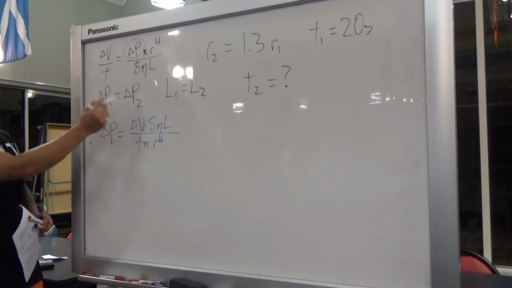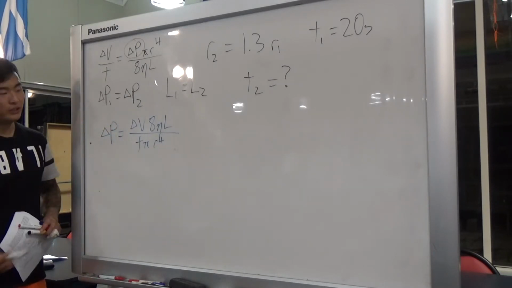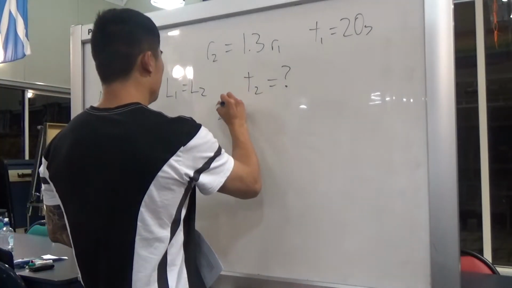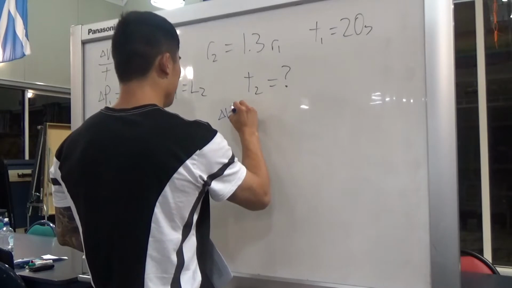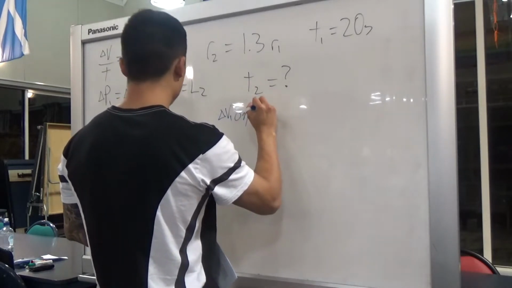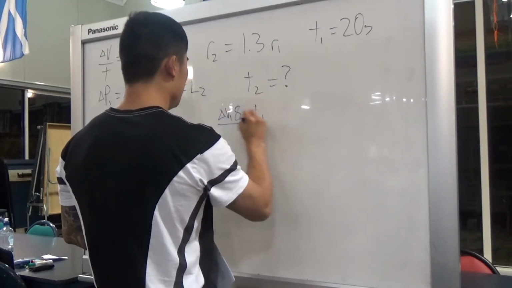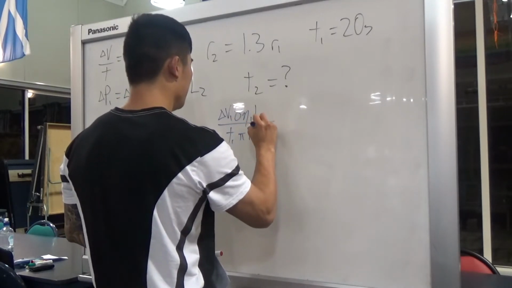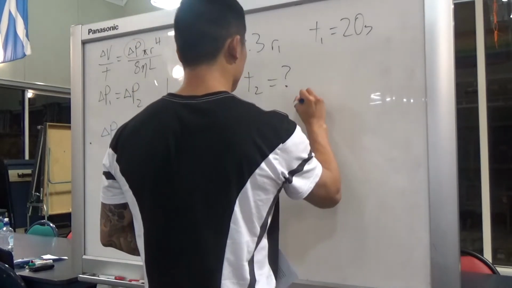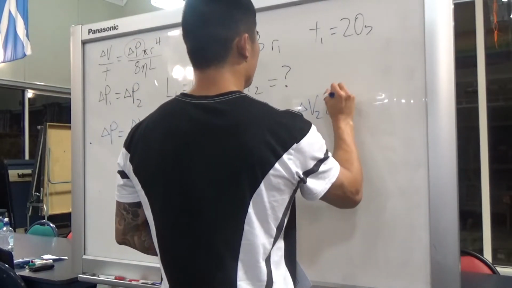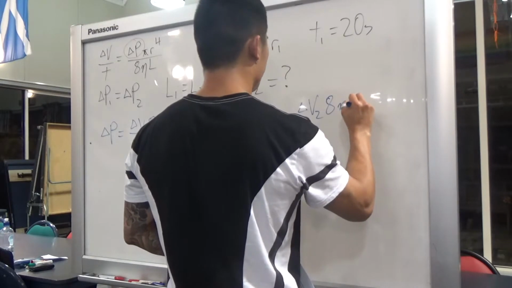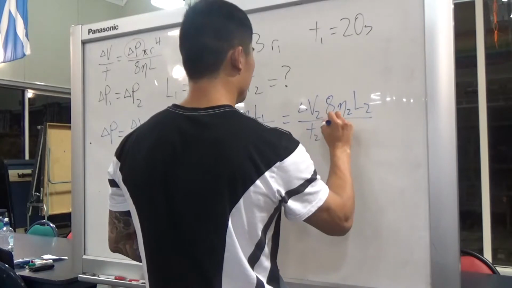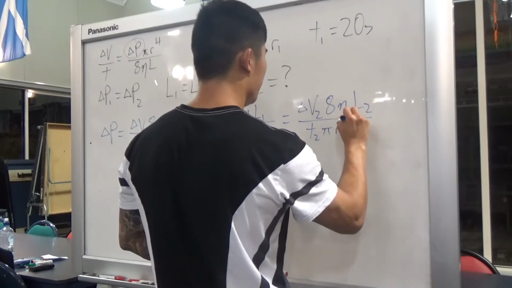And we know that delta P1 is equal to delta P2. So that now means that delta V1 times 8 times viscosity 1 times L1 over T1 times pi times R1 to the fourth power is equal to delta V2 times 8 times viscosity 2 times L2 over T2 times pi times R2 to the fourth power.